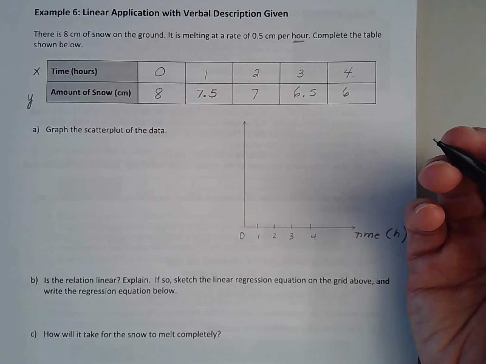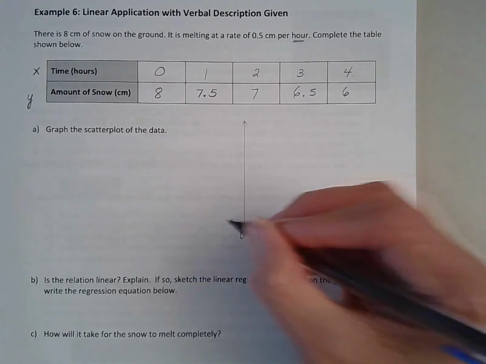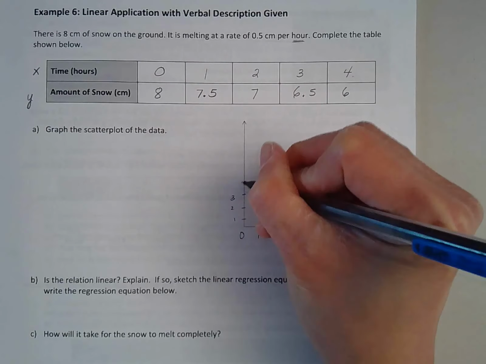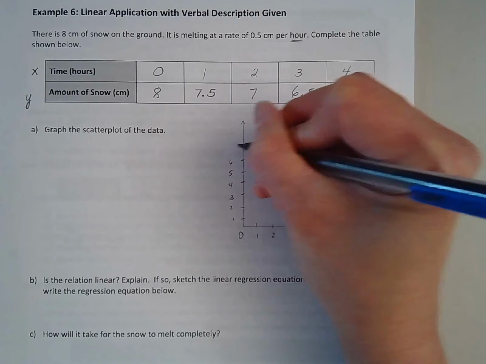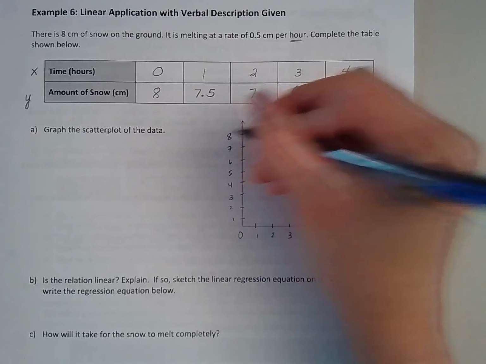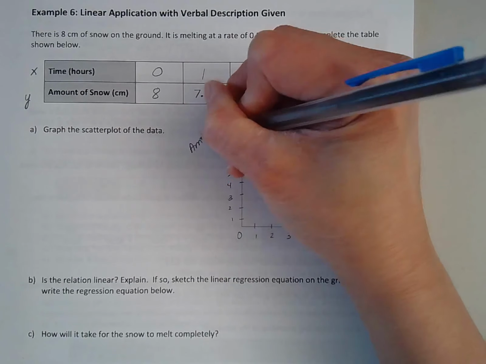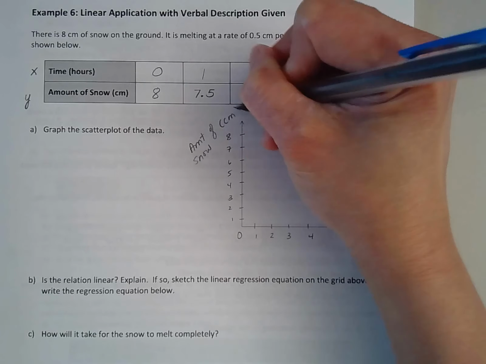We can go up by 1, and then up to 8, right? Yeah. So 1, 2, 3, 4. Good. And then this one here is the amount of snow, and it's measured in centimeters.